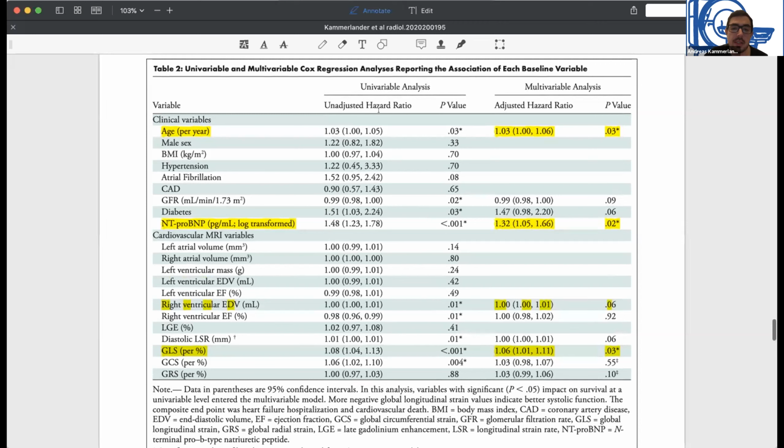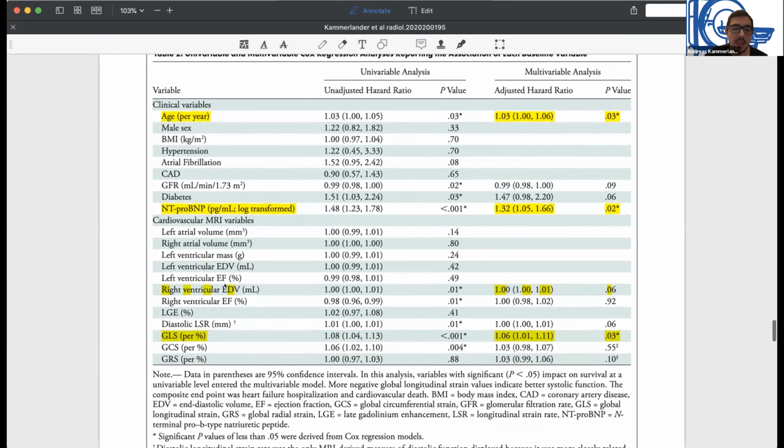I won't go into detail with that. I highlighted those that remain significant after multivariable adjustment, which is age, so it's not surprising, BNP levels, not surprising. RV size didn't make it into the final model, but only just a bit. And global longitudinal strain was significantly associated despite adjusting for very strong predictors such as age and NT-proBNP values.